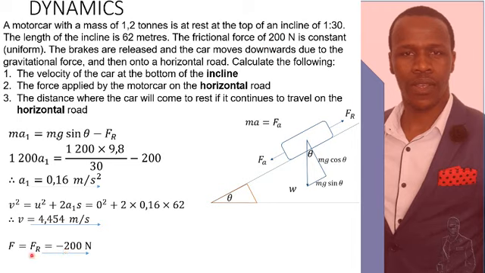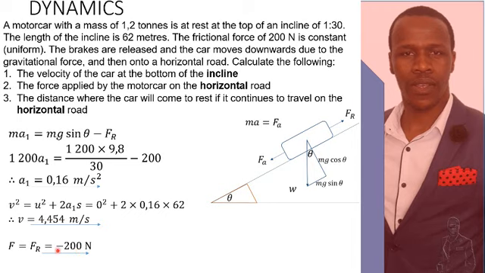So we have our f equaling negative 200 for number 2. So the force applied by the motor car, not by the engine, on the horizontal road is this one. That means it's decelerating, it will end up stopping.